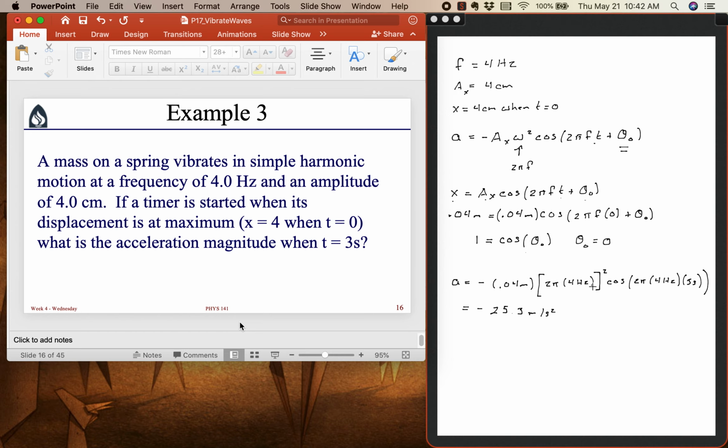So here's where the meters comes from, and the hertz is the same as 1 over seconds, and then that gets squared. So negative 25.3 meters per second squared. The question asks for the magnitude. So the magnitude, the amount of acceleration, which would be a positive number, is 25.3 meters per second squared.